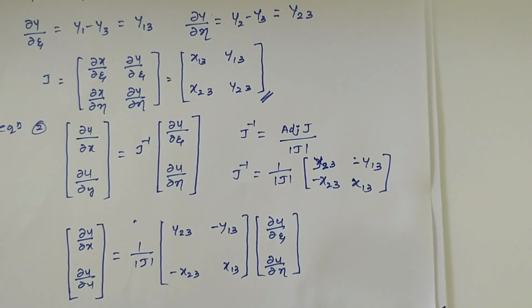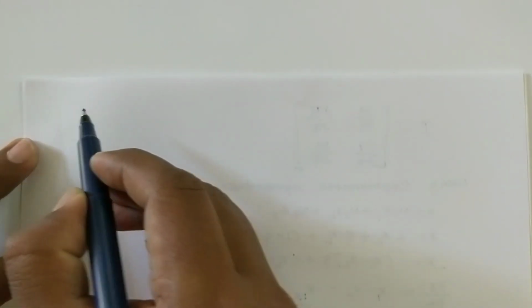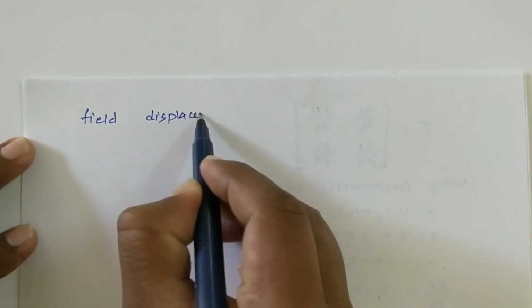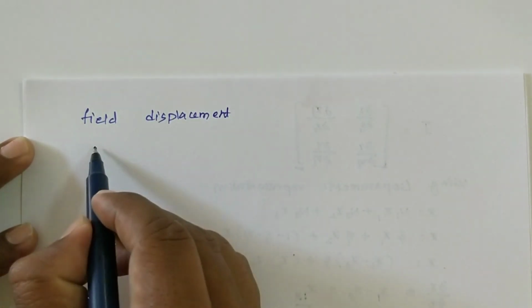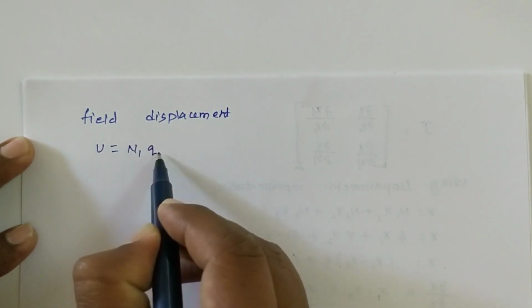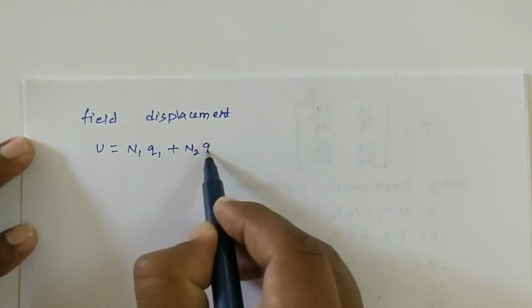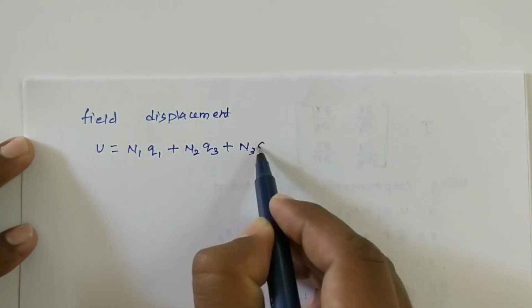Similarly, we can take the field displacement functions. If we consider the field displacement function, u can be represented like this: N1 q1, N2 q3 plus N3 q5.